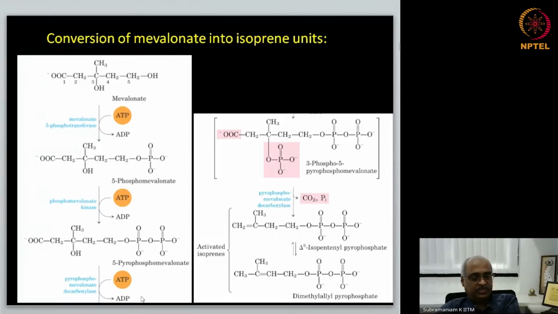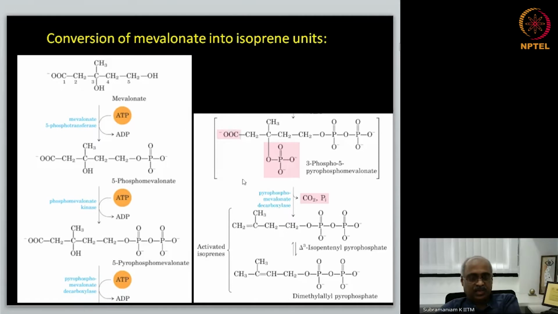It does two things. One, transiently it further activates by phosphorylating this hydroxyl group. So it becomes 3-phospho, 5-pyrophosphomevalonate.